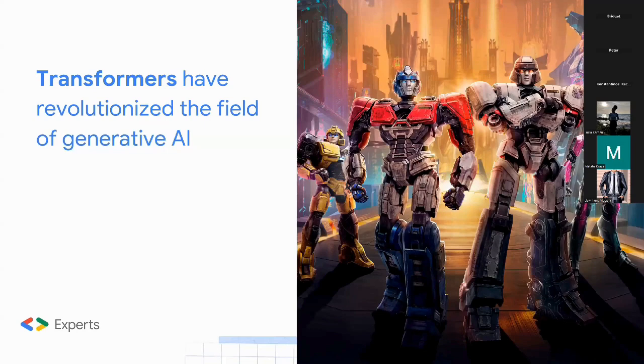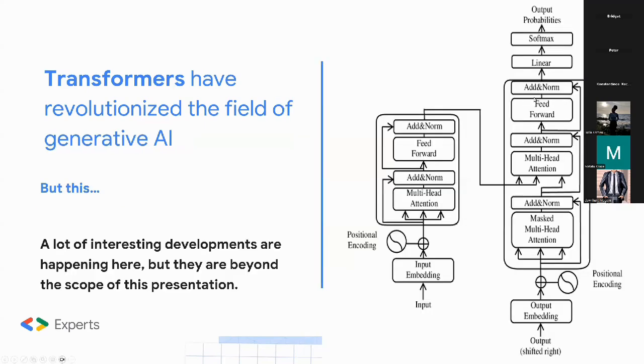Transformers. I don't know if you know transformers, but not this kind of transformers, this kind of transformers. Basically, they are the ones that revolutionized the field of generative AI. Until transformers came into play, we had a problem creating content, because the models that we had could not memorize a lot of stuff.